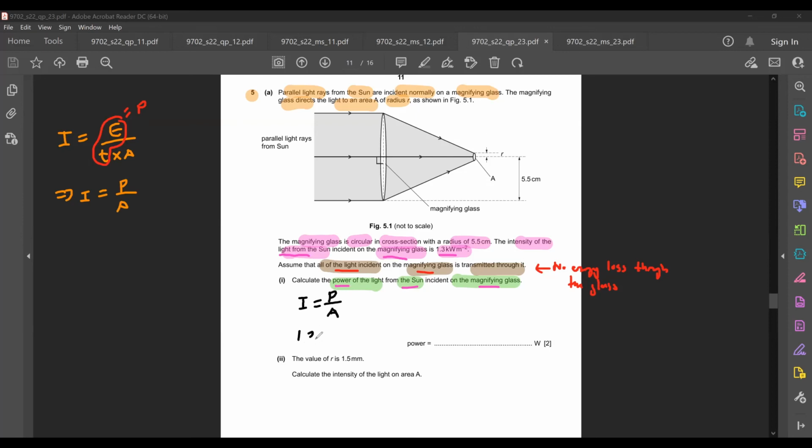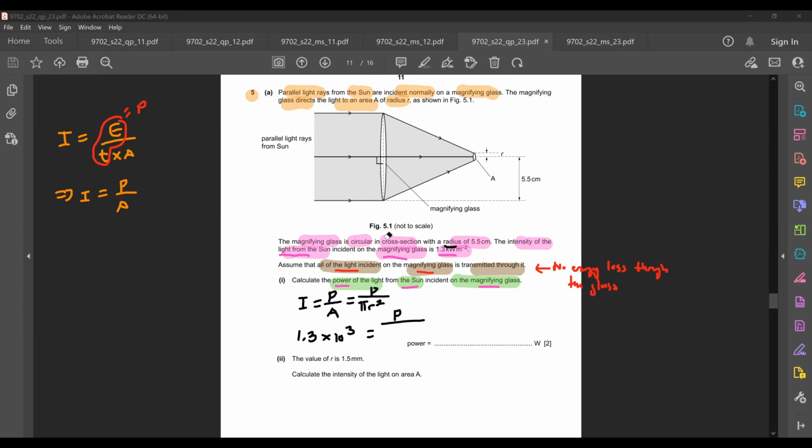Intensity is 1.3 kilowatts times 10 power 3 equals to power over area. Area is already given to you. They told you it's a radius of 5.5 centimeter, right? So let me just write this out. Area of a circular cross section is pi r square. Okay, they give you radius. This is a circular magnifying glass.